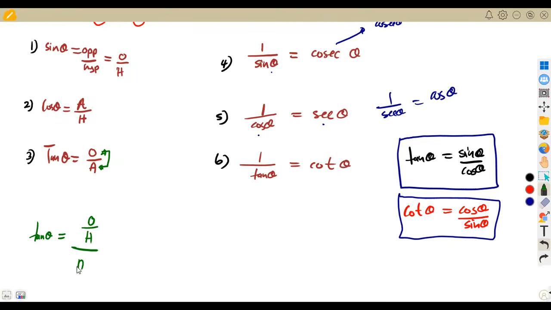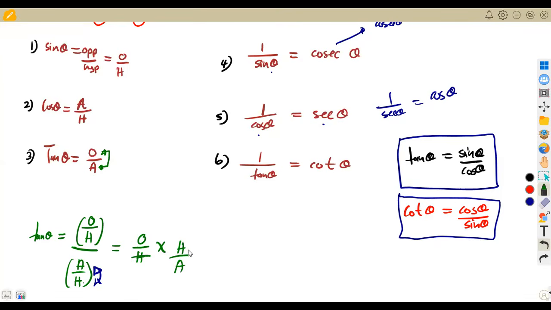So we are going to divide by the adjacent over the hypotenuse. So we can write this as opposite over hypotenuse times, the moment you are dividing you introduce the multiplication and you interchange the second fraction. So this is going to give us hypotenuse over adjacent.